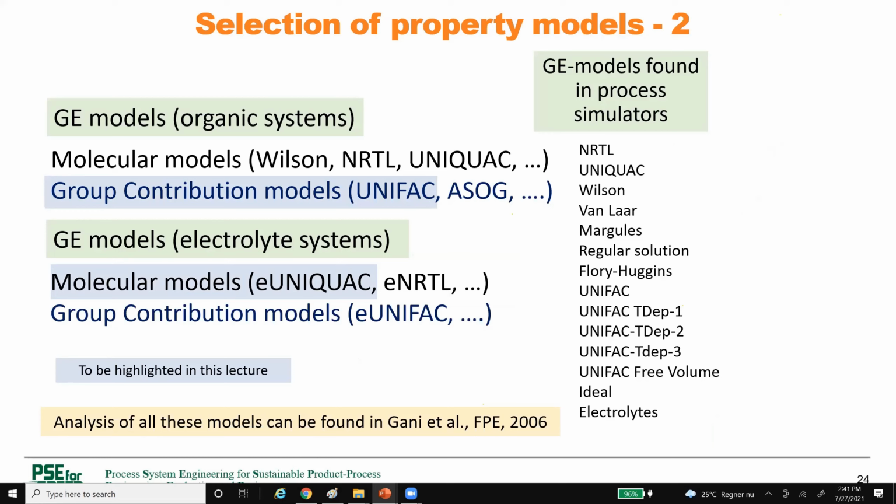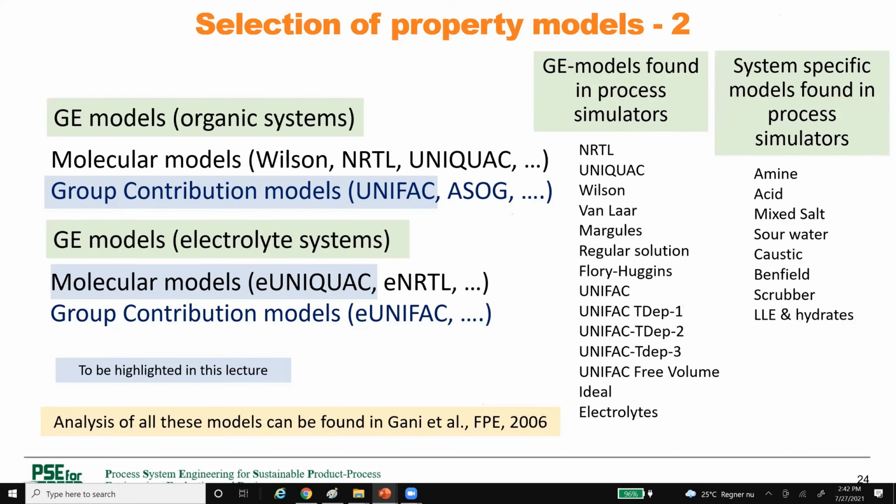And the electrolytes can be electrolyte version of the molecular models or electrolyte version of the group contribution. And there are special models for special systems like amine, mixed salt, that is water, solvent, and salt, or sour water, caustic, many more. So for each of them, there is a special model that handles these kinds of mixtures.